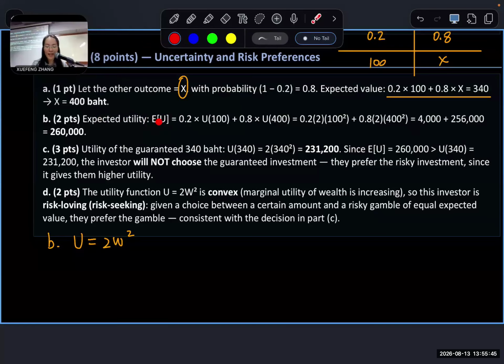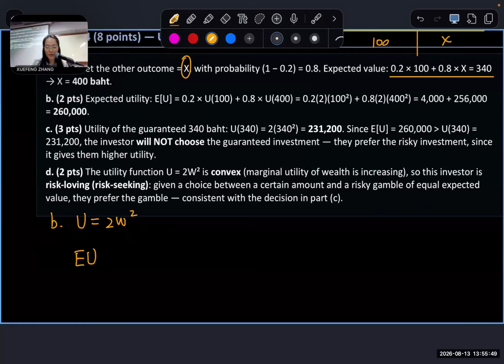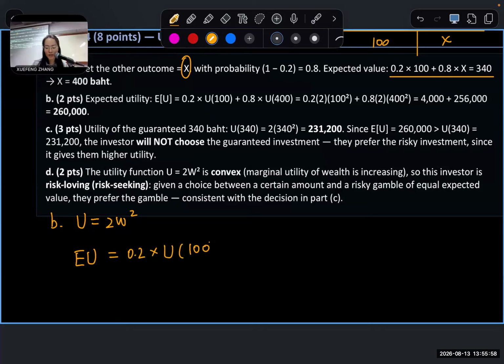This is how to calculate, because expected utility equal, because we have two possibilities, right? 0.2, you're gonna get utility 100 baht plus 0.8, you will get 400 baht, right?